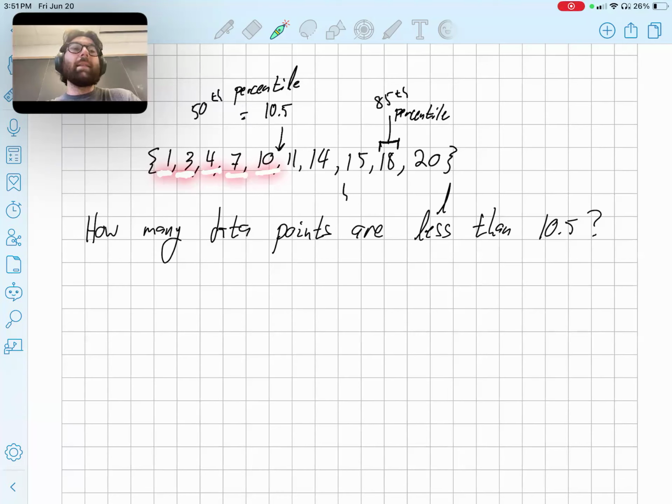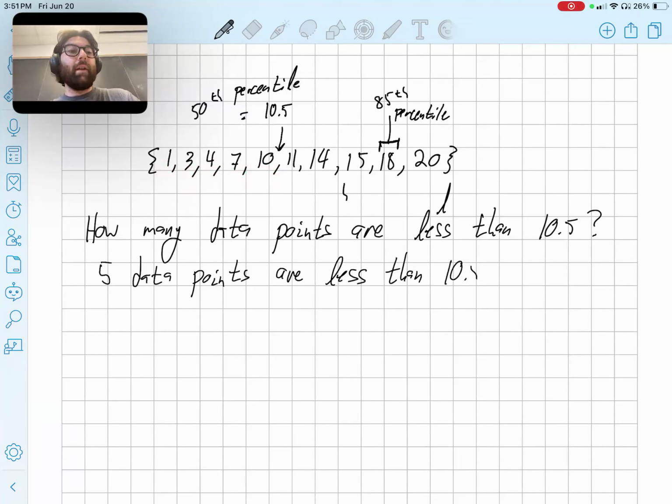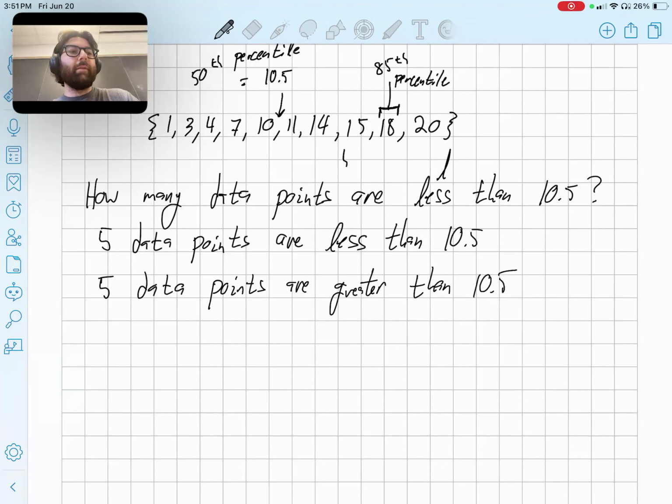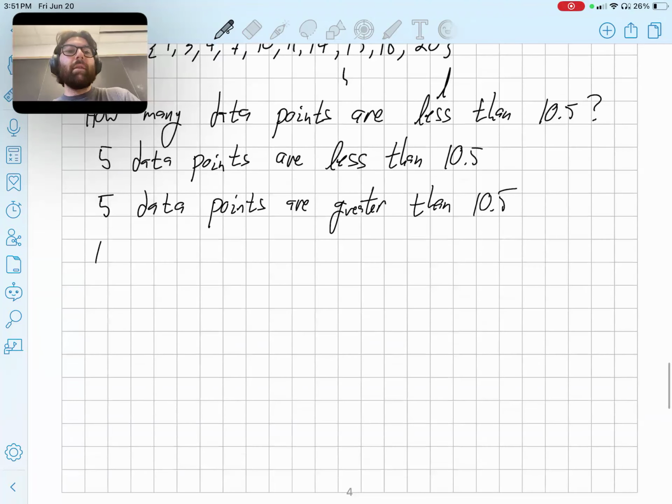Nothing else in our data set is less than 10.5. So 5 data points are less than 10.5. And similarly, 2, 3, 4, 5 data points are greater than 10.5.